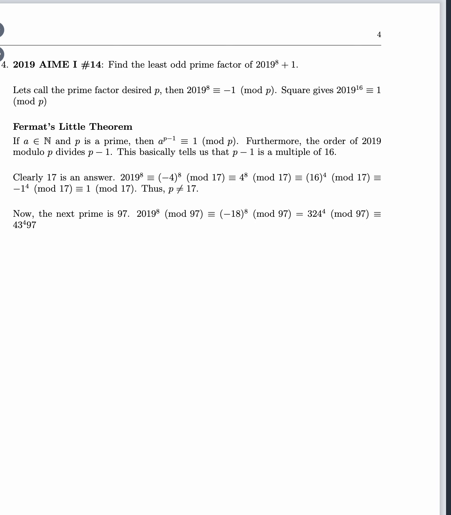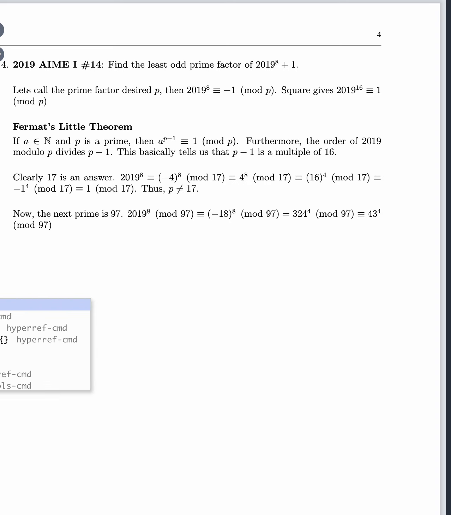So we can just do 43 squared. 43 squared is just 1849, I think, which is congruent to 1849 mod 97.